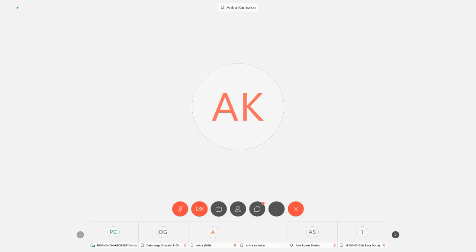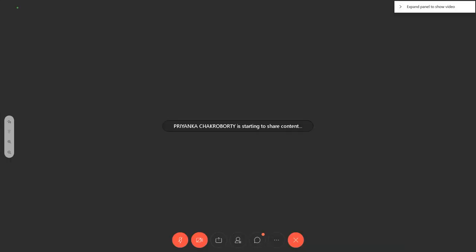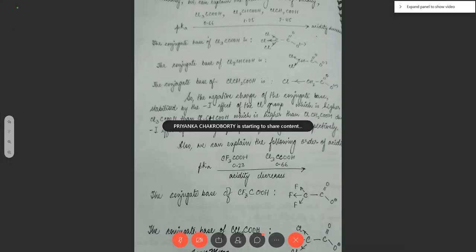Ma'am, can you please be louder? Can't hear you. Trichloroacetic acid, dichloroacetic acid, and chloroacetic acid. Which one is more acidic? See the structure.